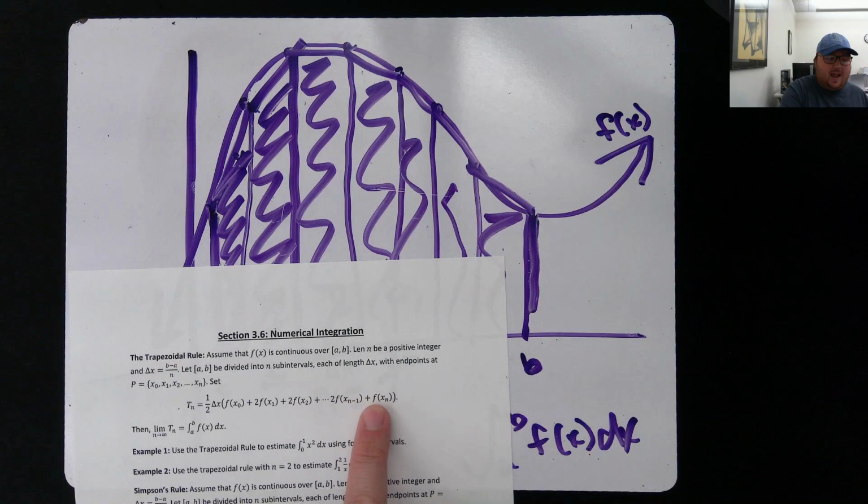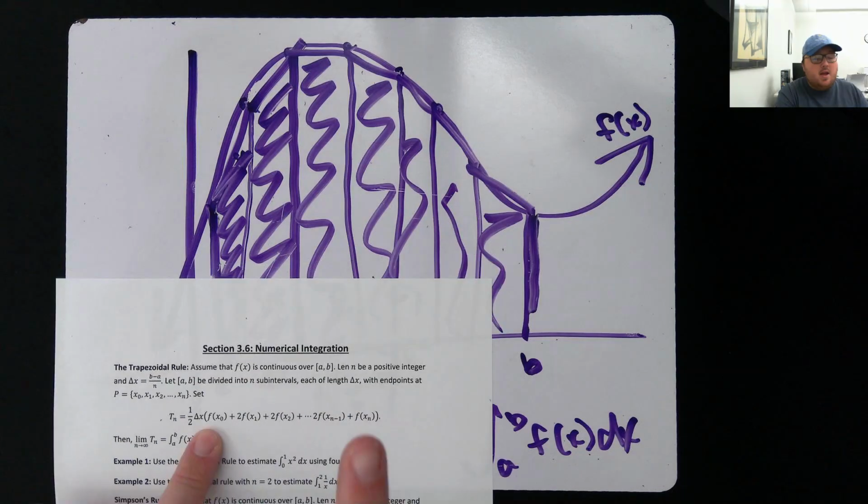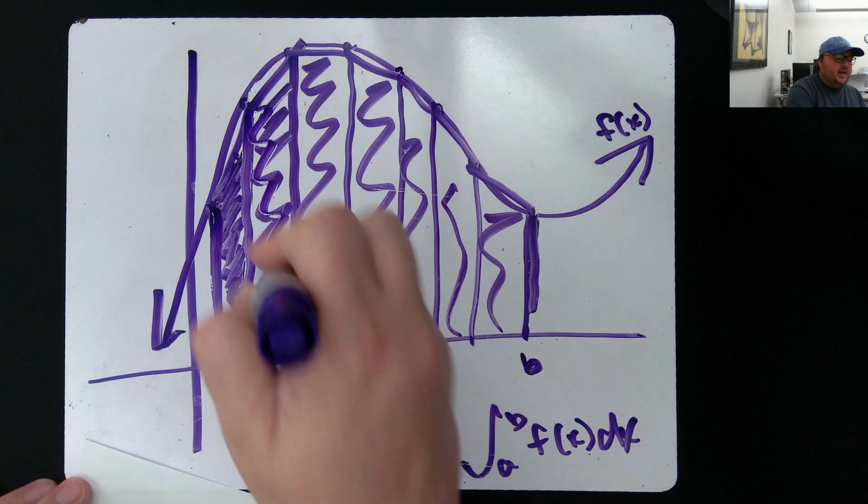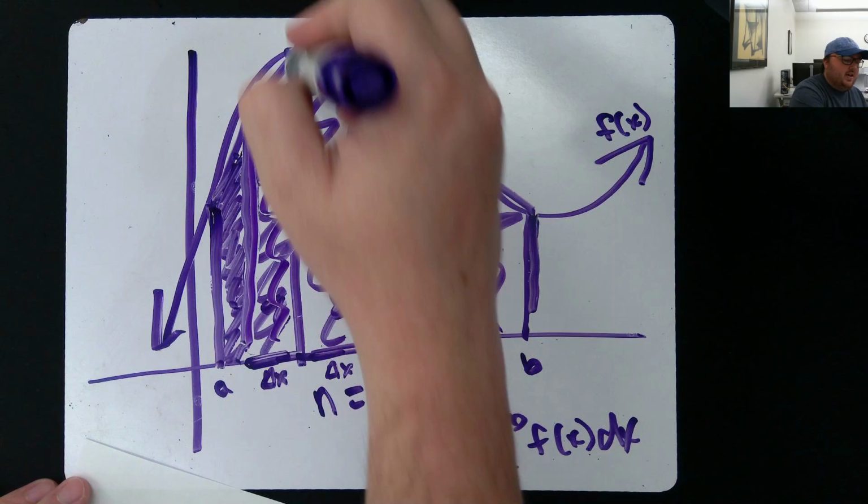Now, why do all of these have a 2 except for my first one and my last one? Well, think about this. For this area right here, I'm using this line and this line. For this area right here, I'm using this line and this line.